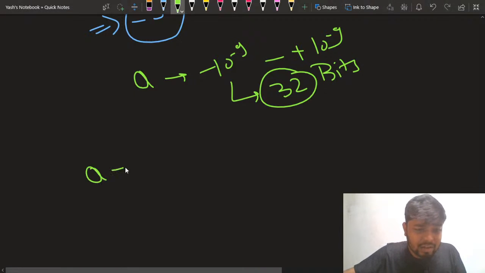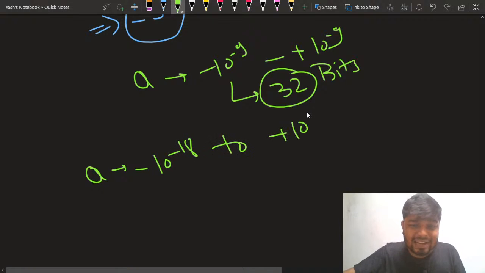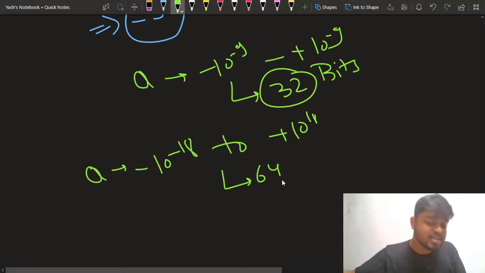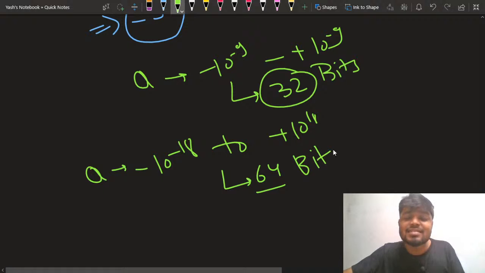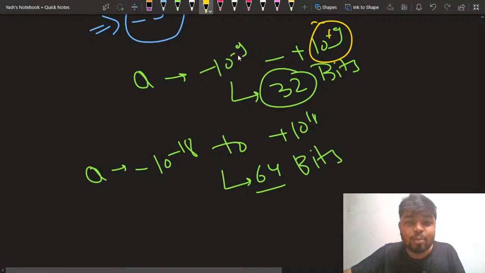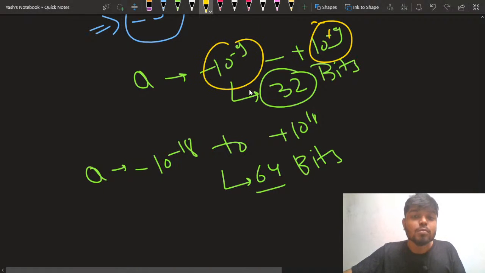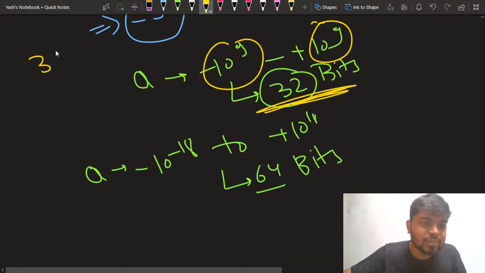And if your A was, let's suppose, given to be from minus 10 to the power 18 to plus 10 to the power 18, then your quotient could have had 64 bits. But since you have been given 10 to the power 9 in this case, you will have 32 bits. So 32 bits from where? From bit 31 up till 0, which means a total of 32 bits, right?